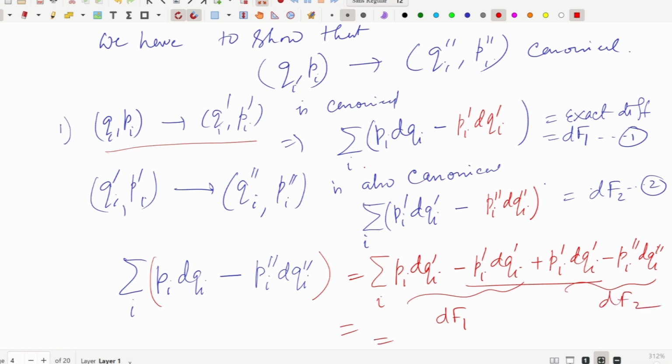So this will be d of F1 plus F2, which is say d of F3. Okay.